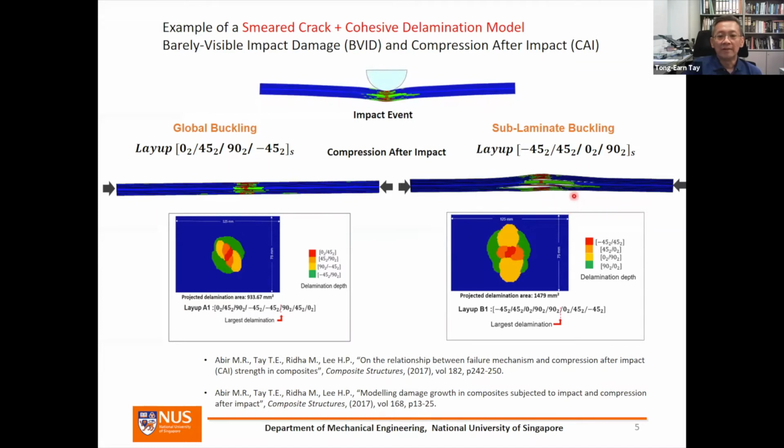Now, this is despite the shortcomings of a lot of the smeared crack modeling, and you can predict this failure mechanism. So the smeared crack model has got its capabilities, although it has its limitations as well.